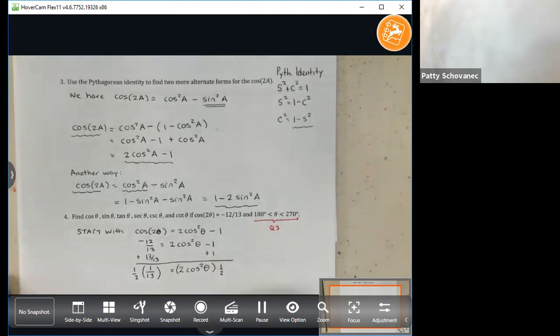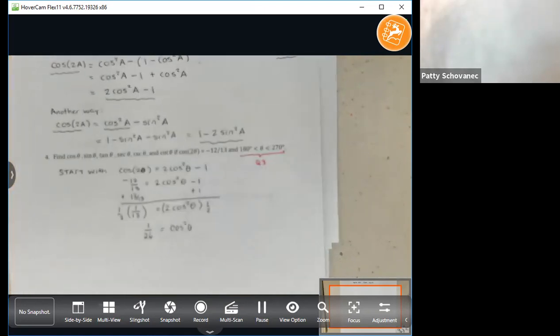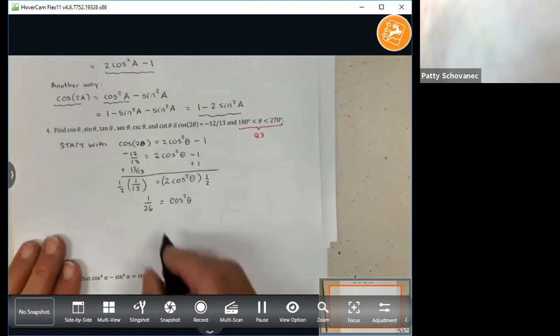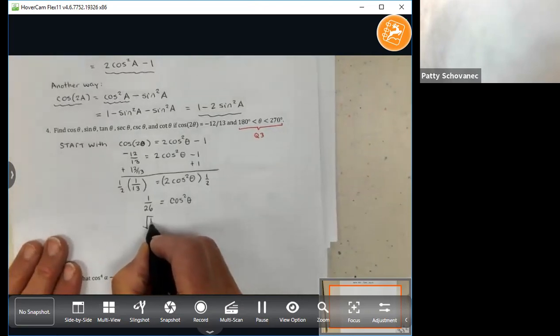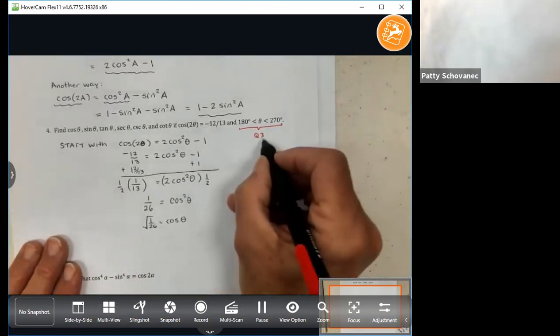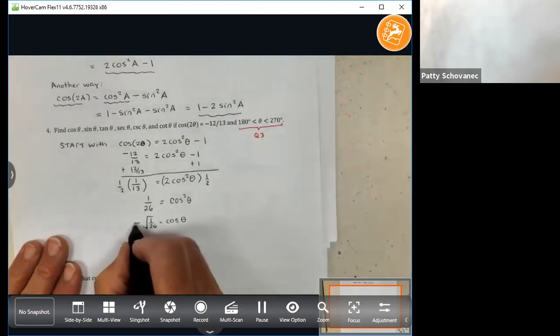So I get cosine squared of theta on the right-hand side, 1 over 26 on the left-hand side. So the cosine of theta is going to be the square root of that number. But remember, in quadrant 3, cosine is negative.